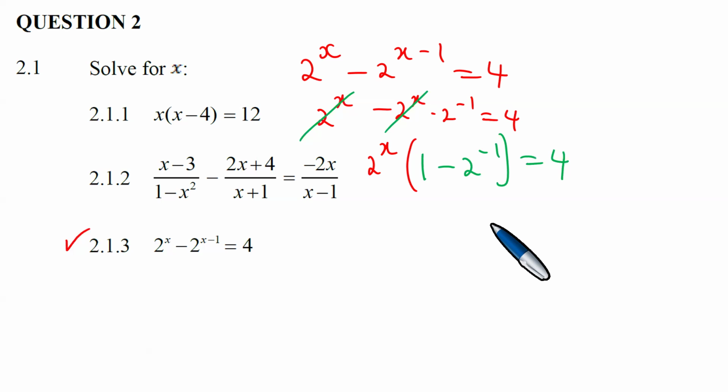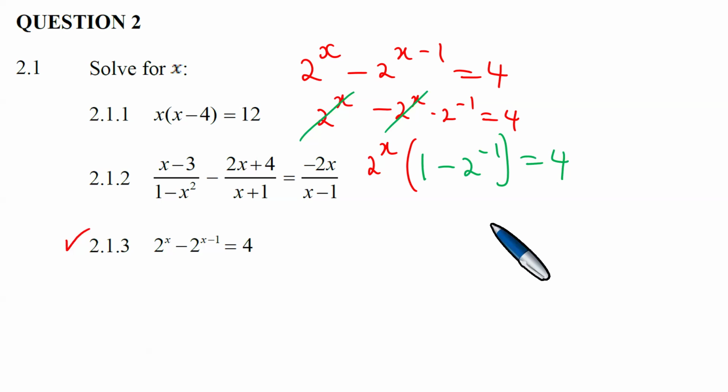Okay. 2 to the power of x times 1 equal to 2, and then it will be 2 times 2 to the power of -1 equal to 1.